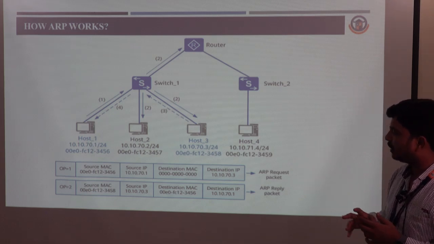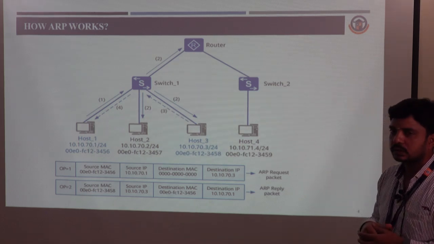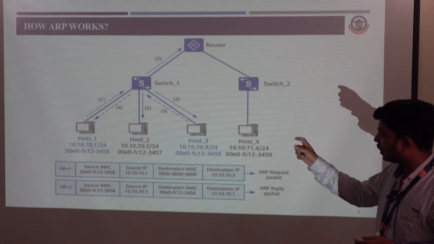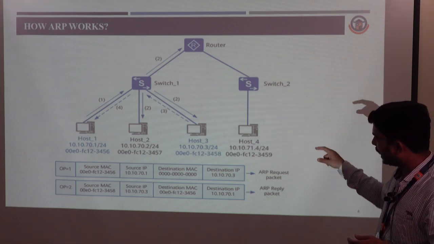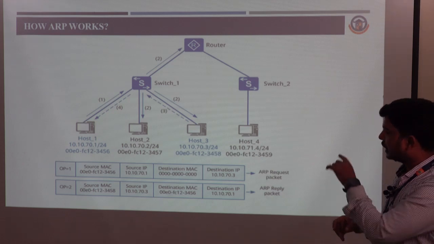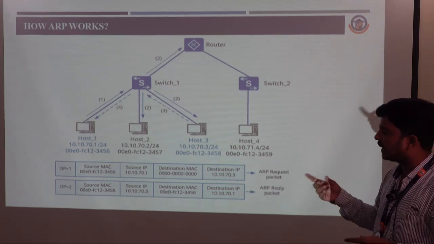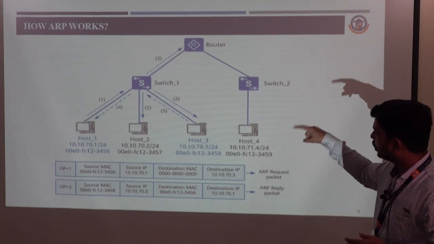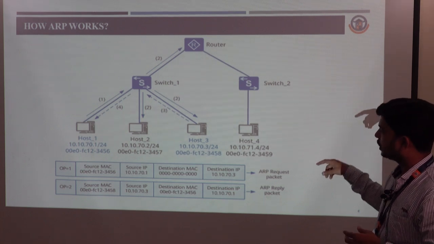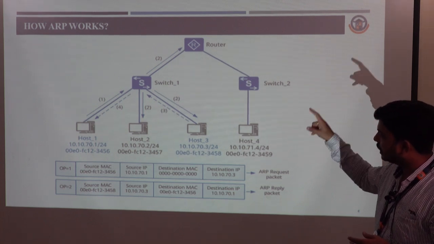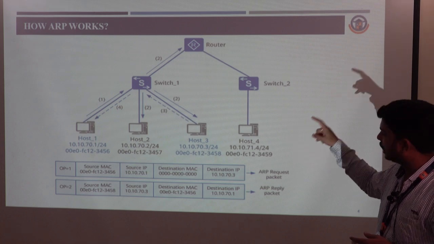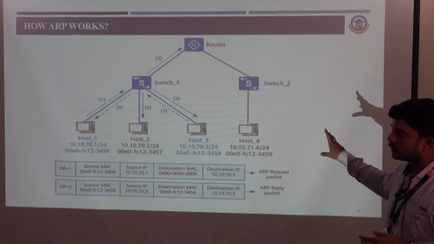If we don't have the MAC address of the host 3 computer, the host 1 computer will generate an ARP request packet and send it to all the connected computers in the local area network, which means host 1 will send the ARP request packet to host 2, host 3 and also host 4.